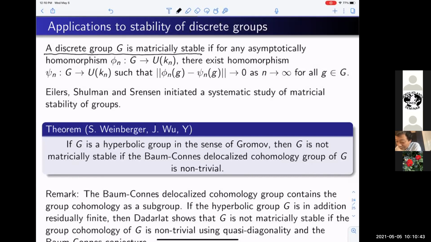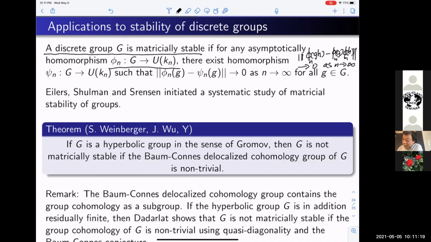If you're given a discrete group, and you have a bunch of maps which are asymptotically homomorphisms, meaning that for a homomorphism you want phi(G H) to be exactly phi(G) phi(H), but in this case the difference goes to 0 in norm, but is not exactly 0.